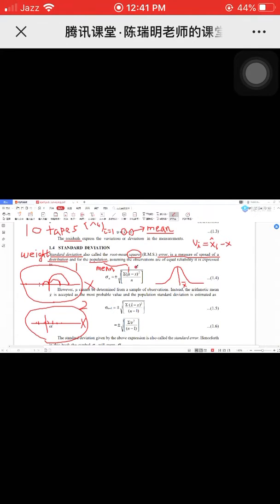Anyway, how about this x? X is an observation. So I prefer to write xi, not x. You do the observation. How many observations do you do? You do n. So here you have a summation, starting from i = 1.